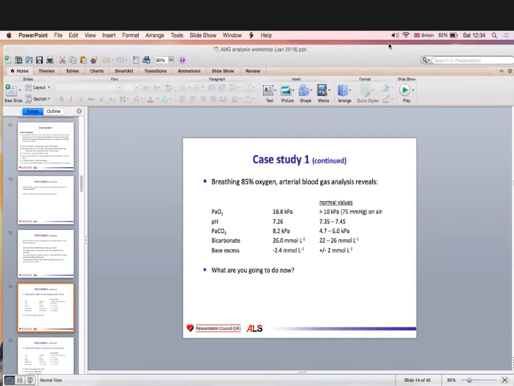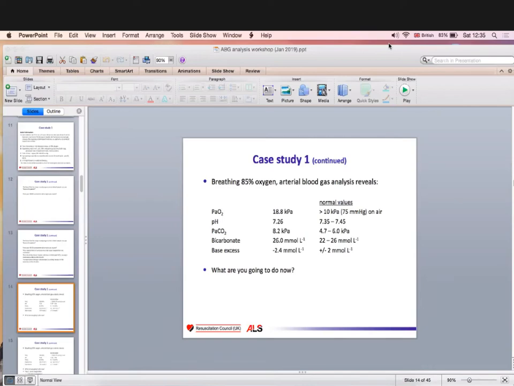If the FiO2 is 85%, the expected PaO2 is about 75 kilopascals. If you multiply it by 7.5, it's close to 500.